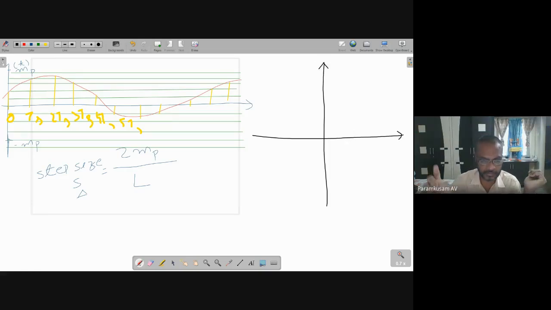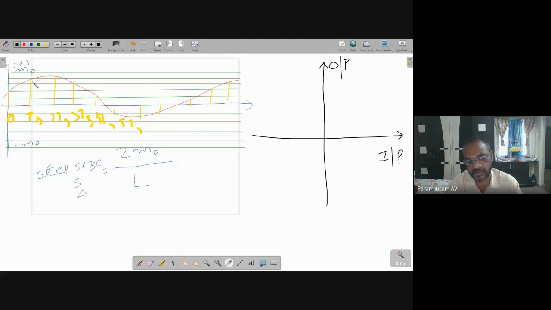What are the inputs to the quantizer? These sample values. What is the output of the quantizer? Those sample values are approximated to the nearest quantization value.